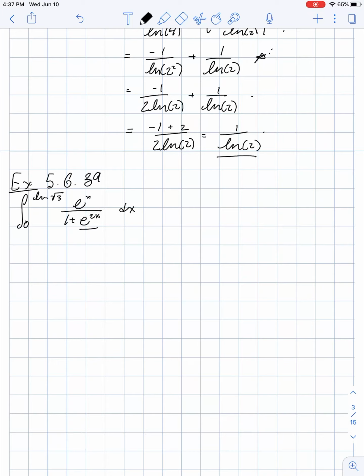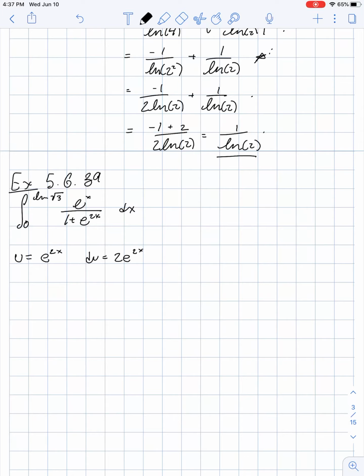So I have e to the 2x here and, sorry, e to the x. If I choose u to be e to the 2x, du would be 2e to the 2x, which I don't have. I only have e to the x.